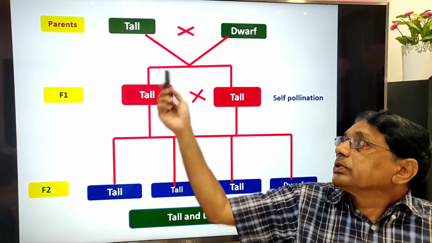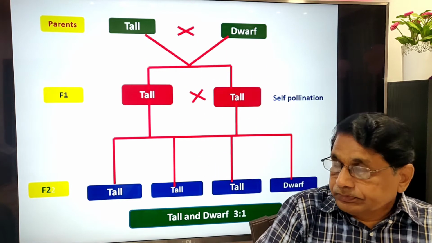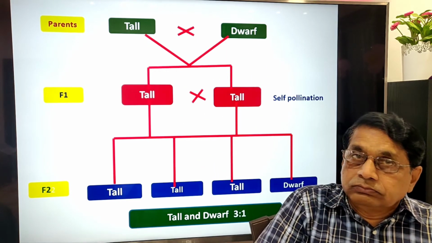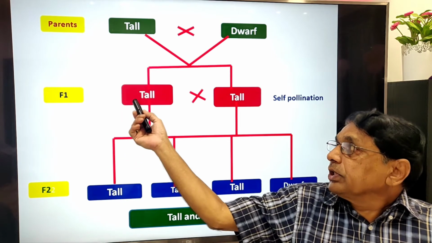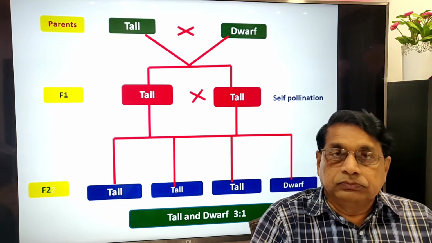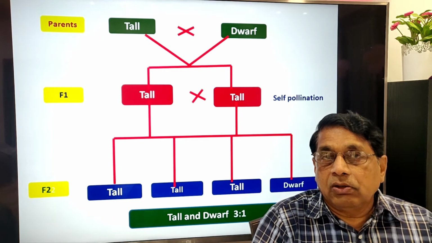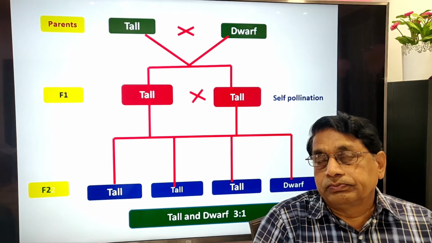These are parents. He crossed the tall plant with the dwarf plant. In the F1 generation, the first generation, he got all tall plants.